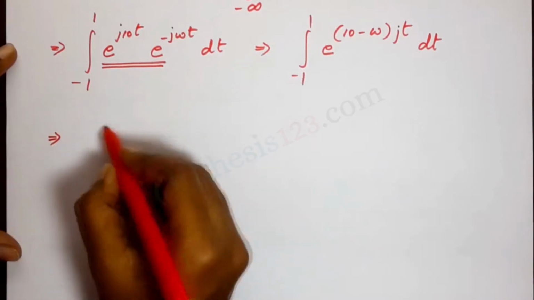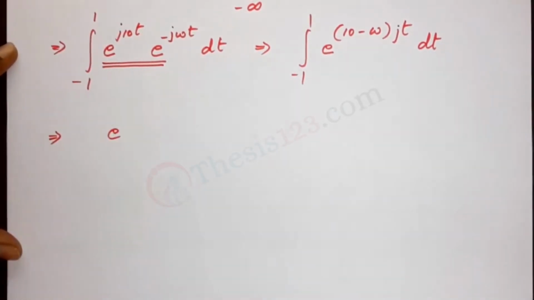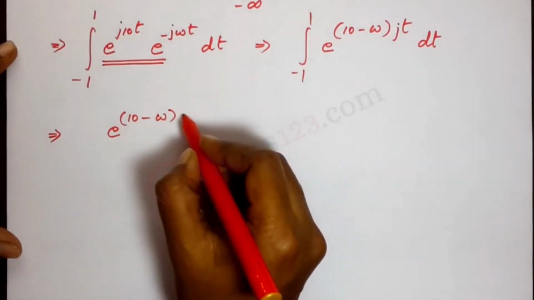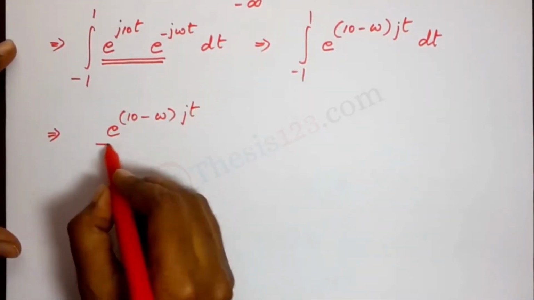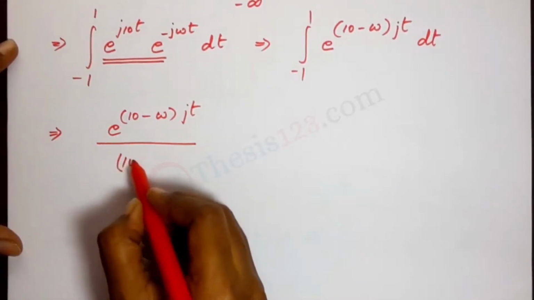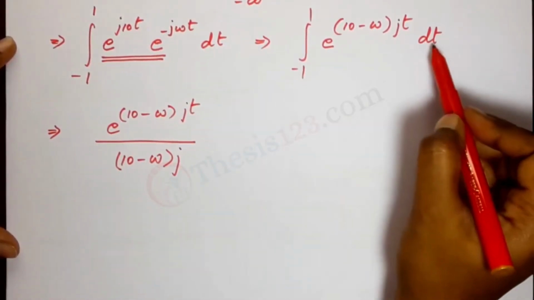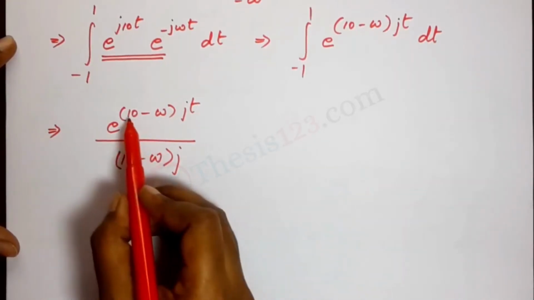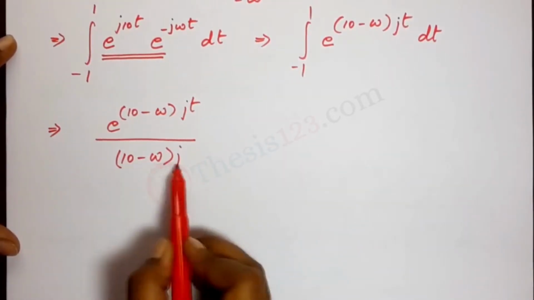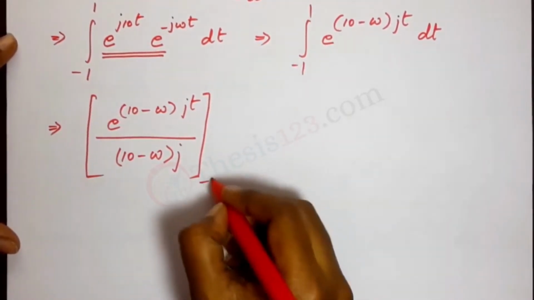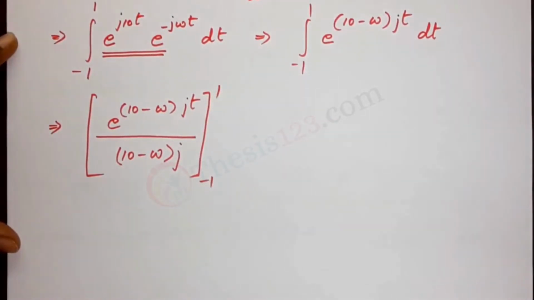When we integrate that term, we would have e to the power 10 minus omega jt divided by 10 minus omega j. So we are integrating with respect to t. So we would have 10 minus omega into j in the denominator here. And the limits are from minus 1 to 1.